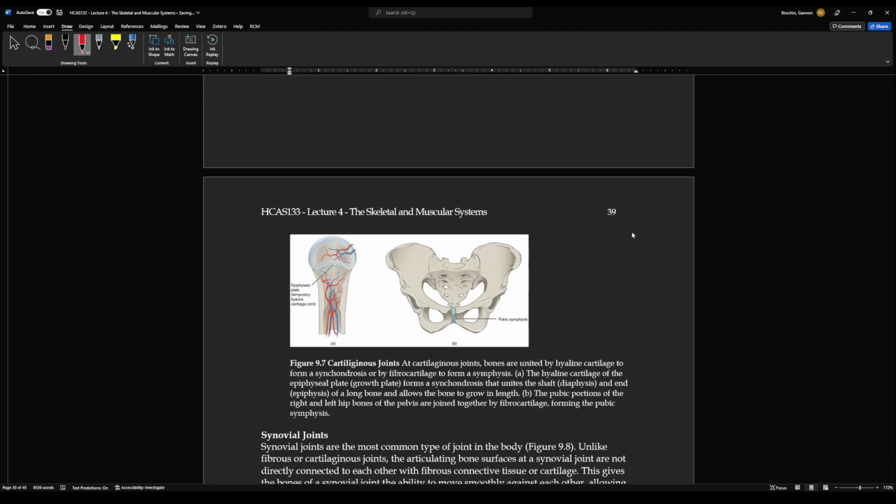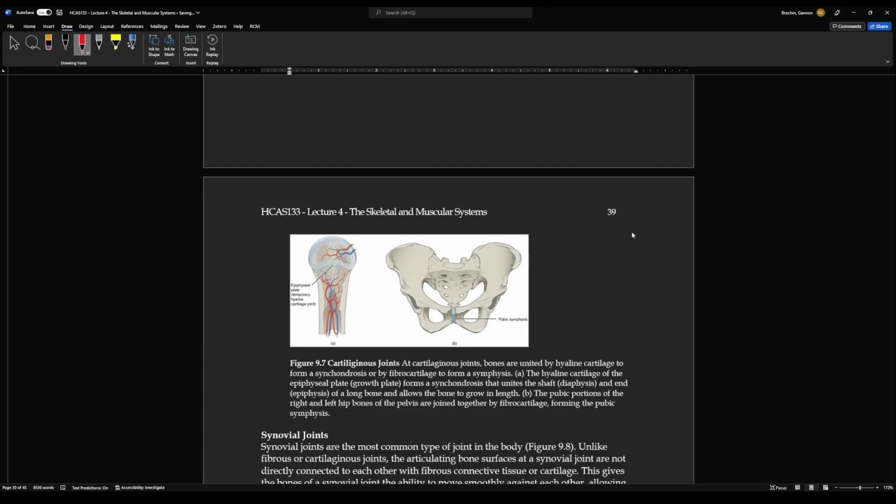Cartilaginous joints. A big one to talk about is our pubic symphysis. That's another important one. It's where the two pubis bones essentially articulate together. It's incredibly important, especially in females, for pregnancy. The fact that there is a joint there allows the pelvis to expand a bit, and that is incredibly important when you have a fetus developing inside of that area.